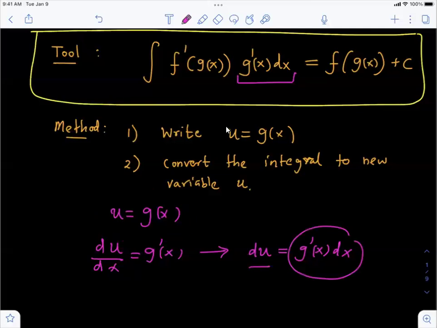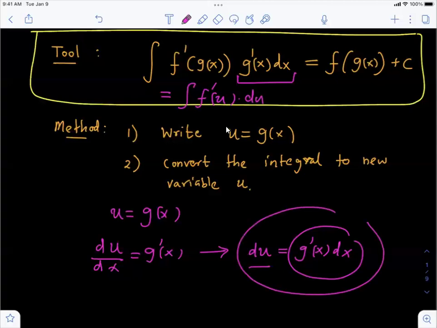Now, let me write down this entire integral in terms of this new variable. You have f'(u), since g(x) is u from the substitution, and then g'(x) dx is none other than just du from that operator form.